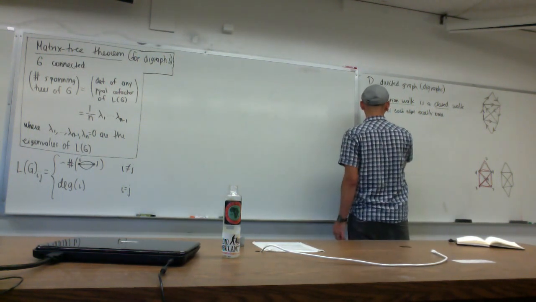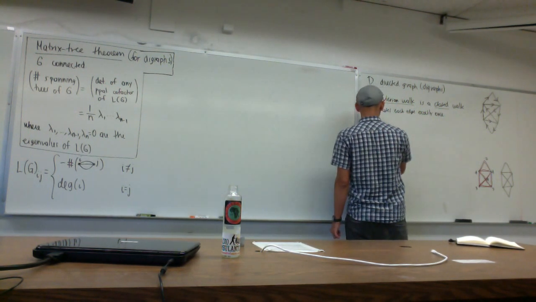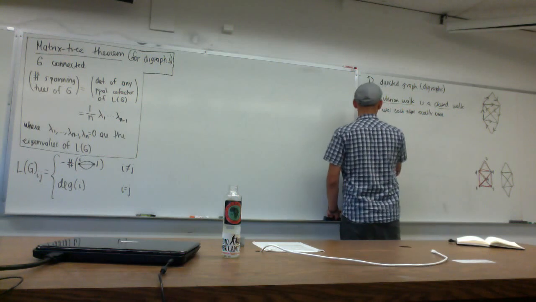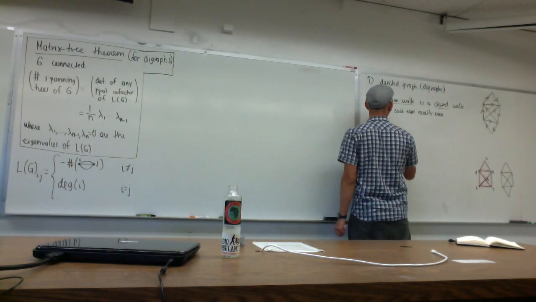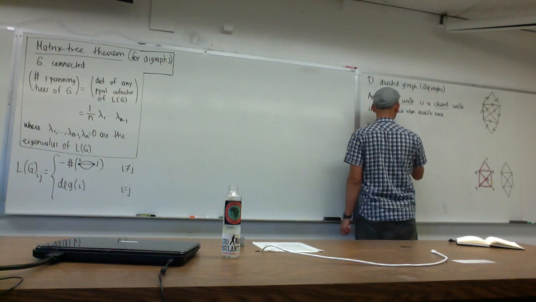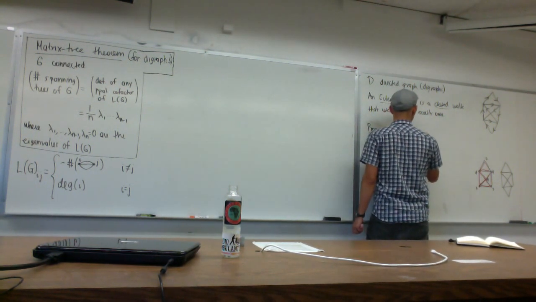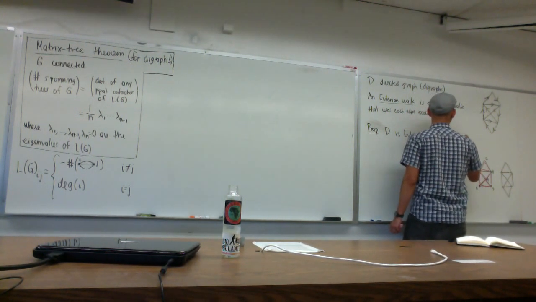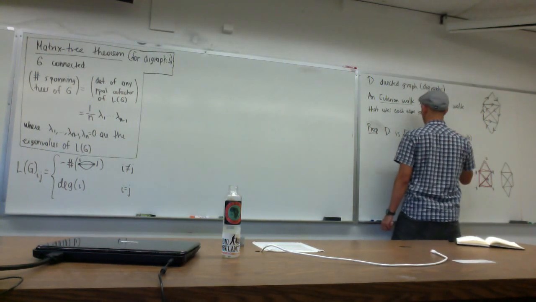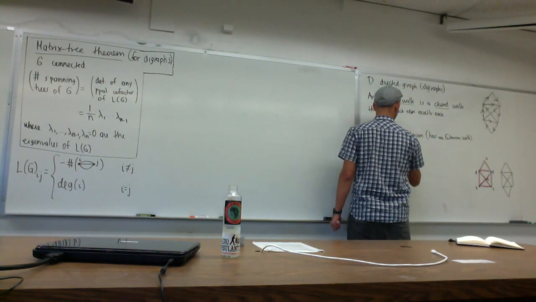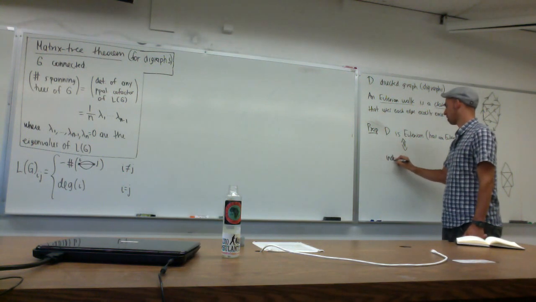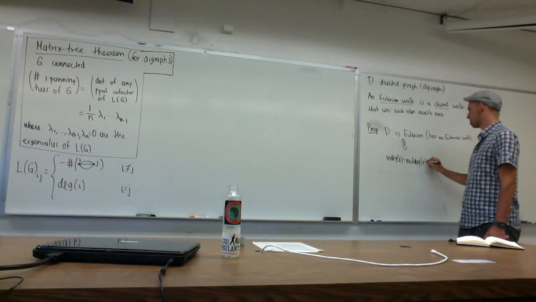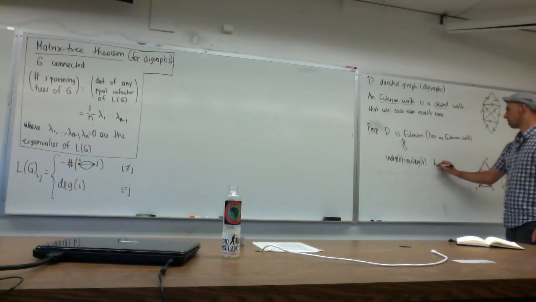And so here's a theorem. This is too easy to be called a theorem. Proposition: D is Eulerian, meaning that it has an Eulerian walk, if and only if for each vertex the in-degree equals the out-degree, for all vertices.